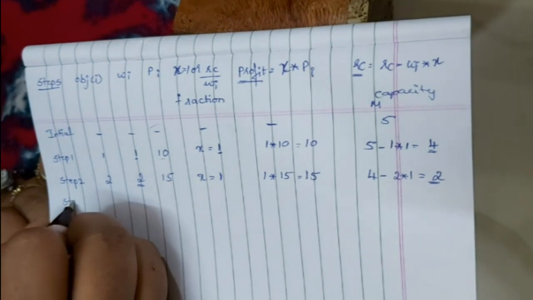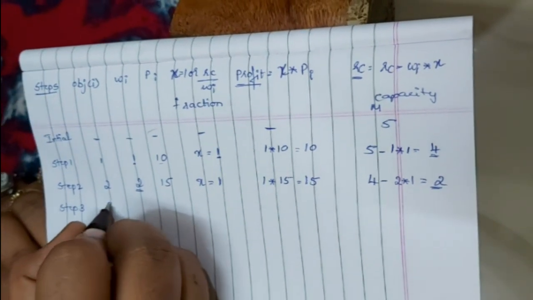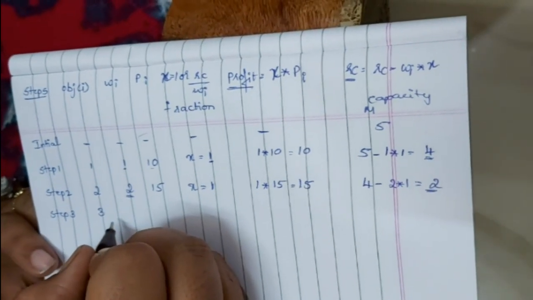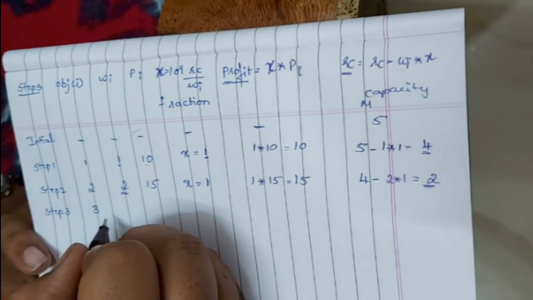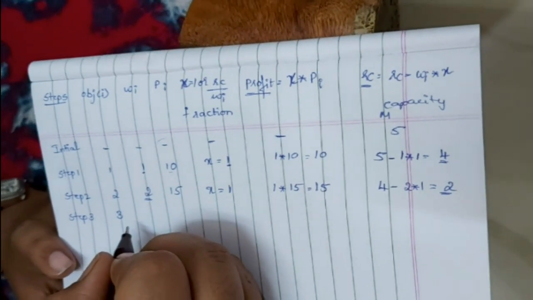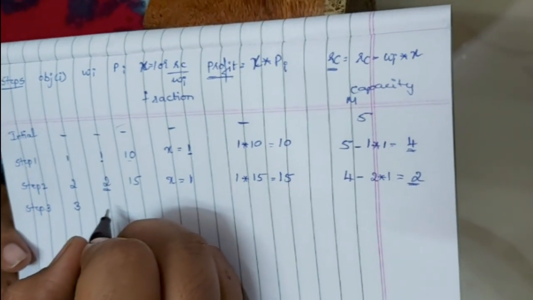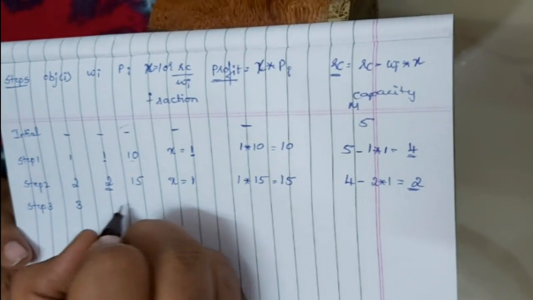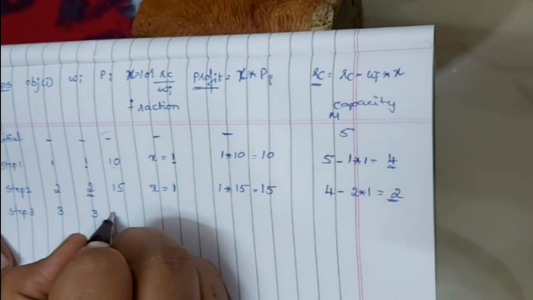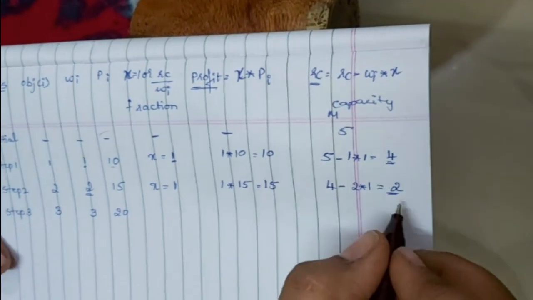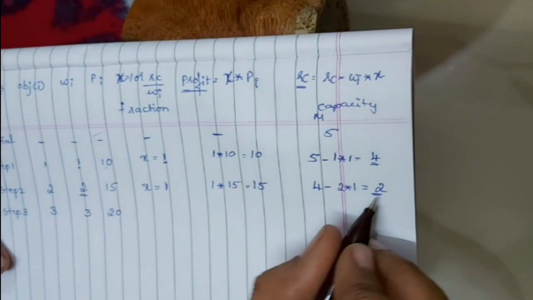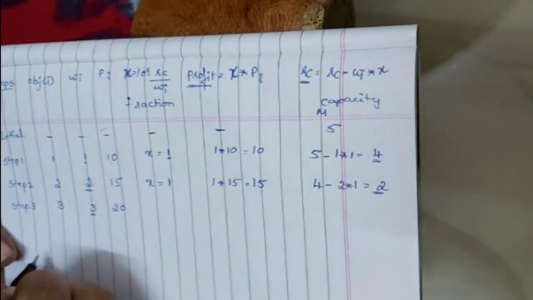Next we will move on to step 3. We are going to insert the third object into the knapsack. According to the profit weight ratio, the next highest value is 6.67, whose weight is 3 and profit is 20. But see here, remaining capacity is only 2, but the weight of that particular object is 3.